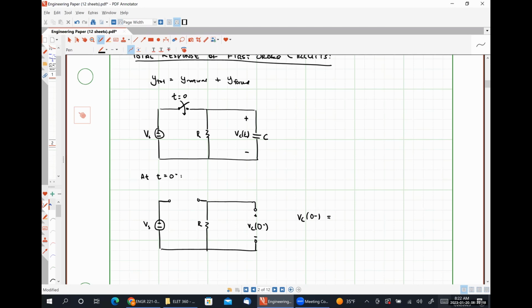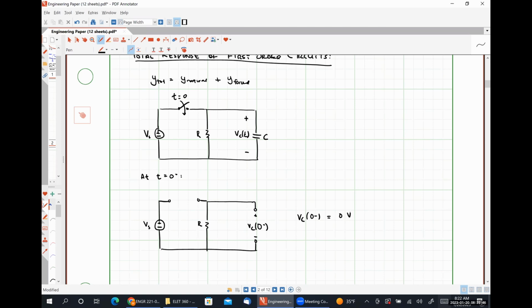What should the voltage drop across our capacitor be? Zero. Absolutely right. So the voltage drop across our capacitor will be 0 volts because our capacitor is in parallel with our resistor, and our resistor doesn't have any current flowing through it.